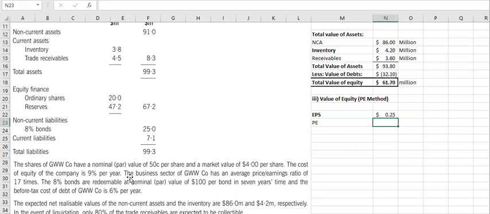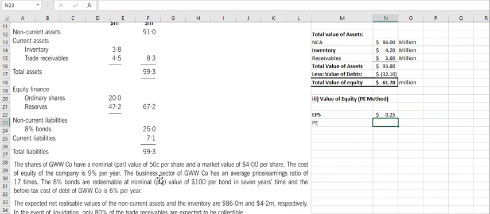So in this question, it's 17 times. The business sector of GWW company has an average PE ratio of 17 times. Now remember one thing, that the best PE ratio will be of a company which is almost similar to GWW company.